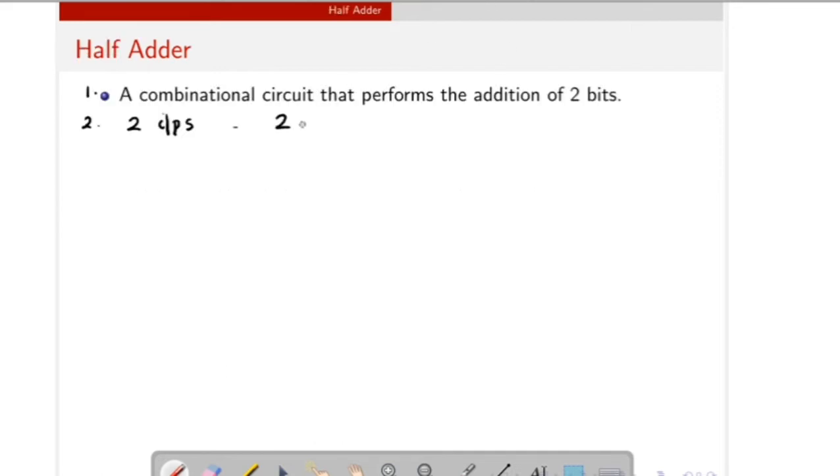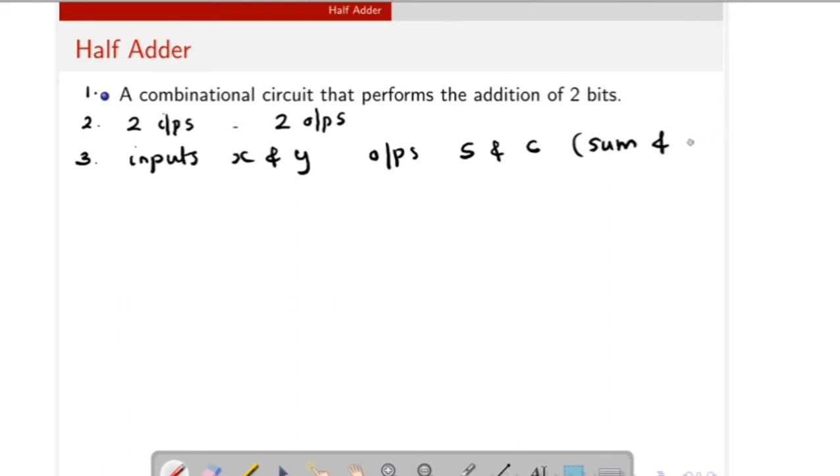The third step is to assign labels for these inputs and outputs. The inputs are labeled as X and Y, and outputs are labeled as S and C, where S is the sum and C is the carry.